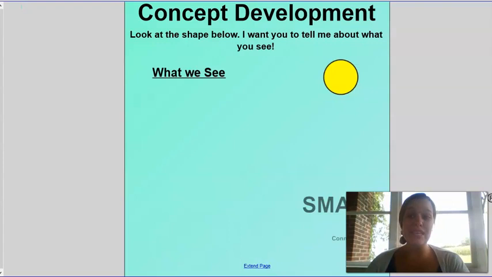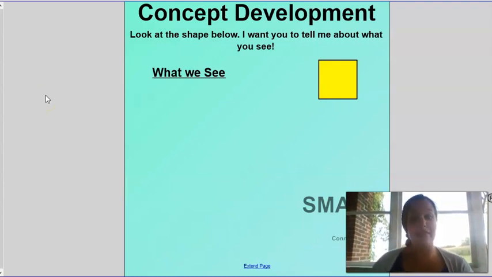Okay, and for our last shape we're going to look at today, it is right over here. I want you to pause me again, look at it, and tell me what you see. Okay, so let's talk about what we see. Let's start with the shape. Are the lines straight or are they curvy? They are straight lines. And now let's talk about how many sides this shape has. Okay, so here we go.